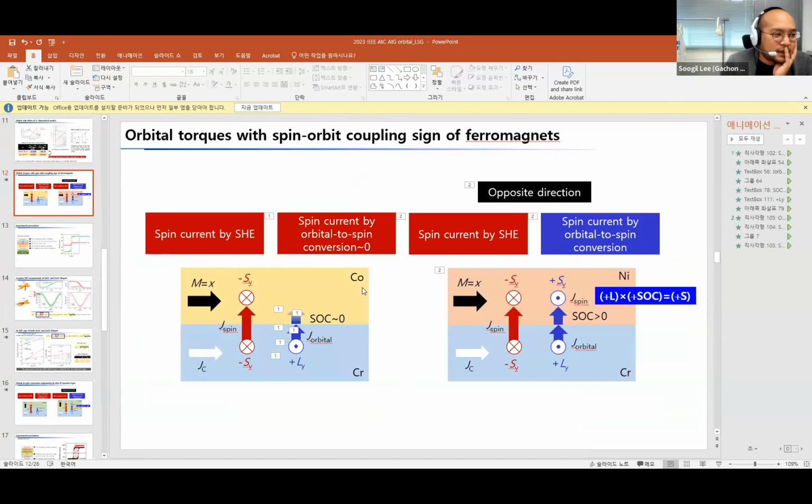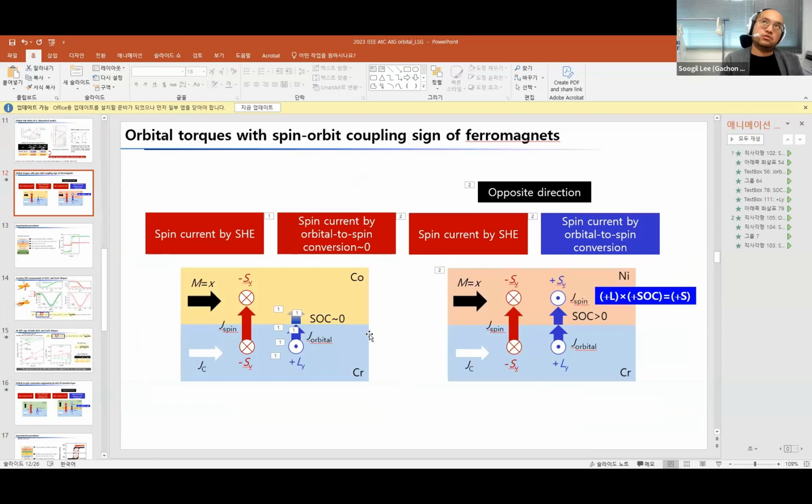Sorry, I cannot catch your point. If you have measurements by the orbital torque effect, can you measure the orbital Hall effect by itself, just using the thin film?